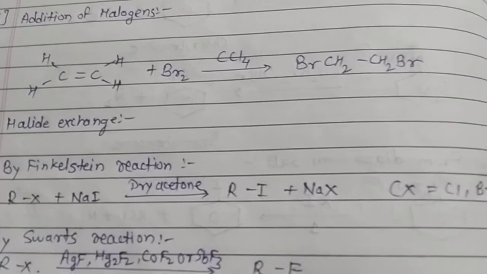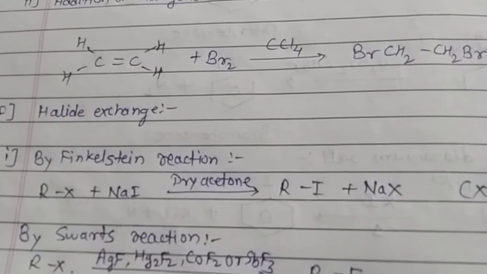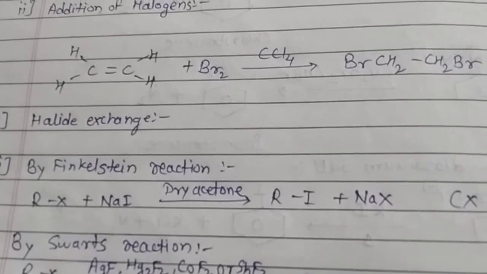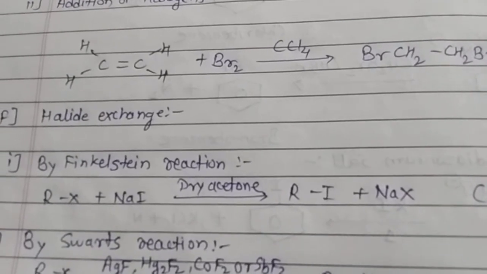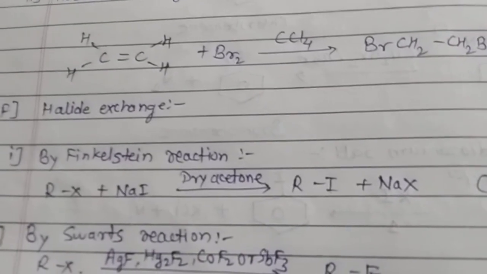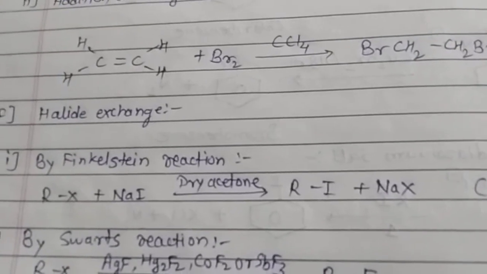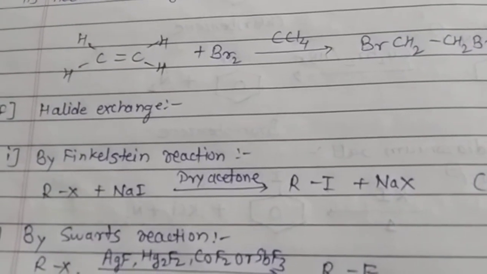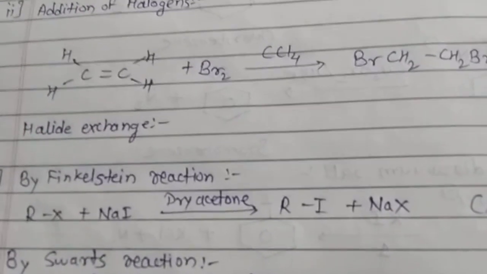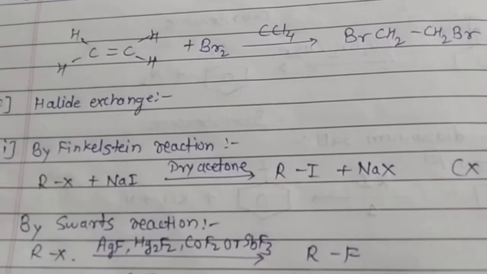X could be chlorine or bromine, so we have to replace one halogen by another, therefore this comes under halogen exchange reaction. This was discovered by the scientist Finkelstein, therefore it is known as the Finkelstein reaction. So remember, for preparing iodoalkanes we use the Finkelstein reaction. RX plus NaI, sodium iodide, in the presence of dry acetone will give RI plus NaX.